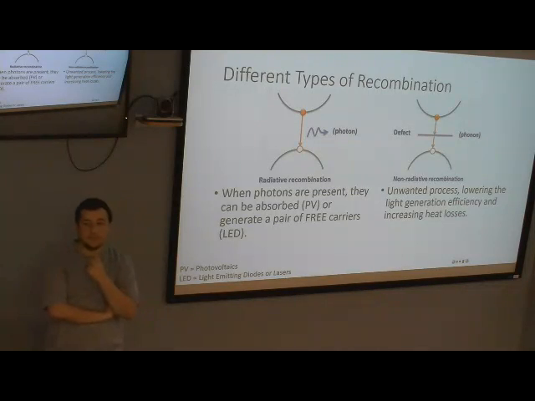Mm-hmm. So in my band diagram, whenever it drops back down, that's it recombining, and that's how you get the emission of light. So that's how energy comes back out.